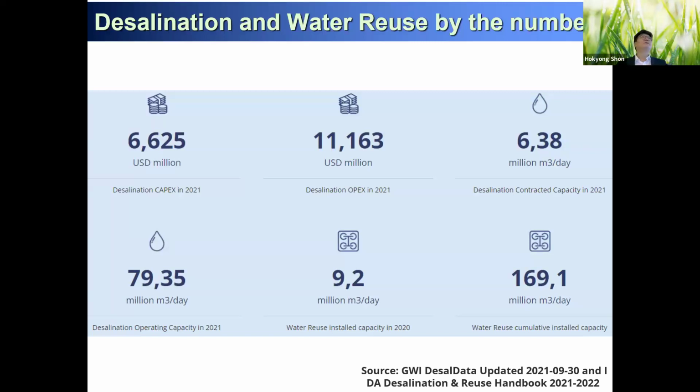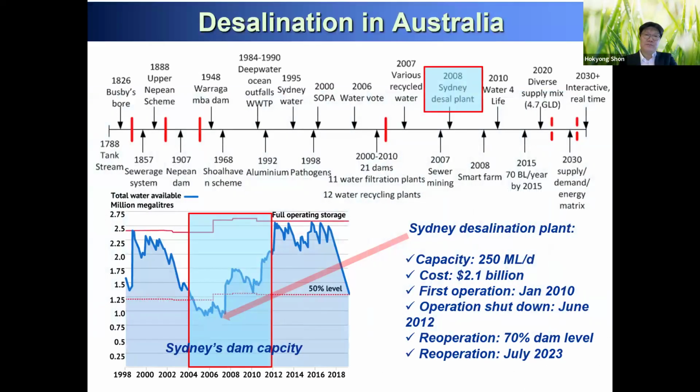So water reuse and seawater desalination are becoming more and more important. So not only CAPEX infrastructure and capital cost, but also operating cost will increase more. So how can we save this capital and OPEX cost?